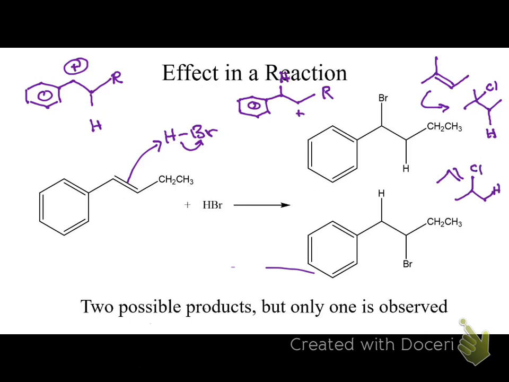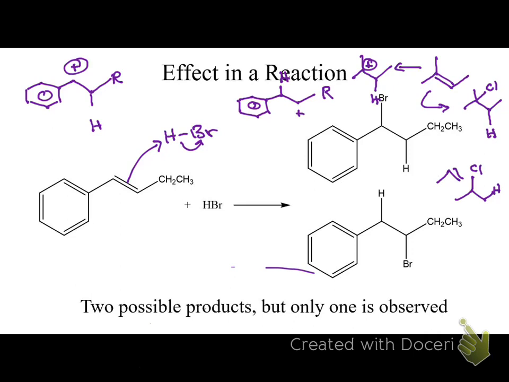that. And the reason we said that was that the first step of the mechanism for this top one up here does this. And that carbocation is more stable than a secondary carbocation.